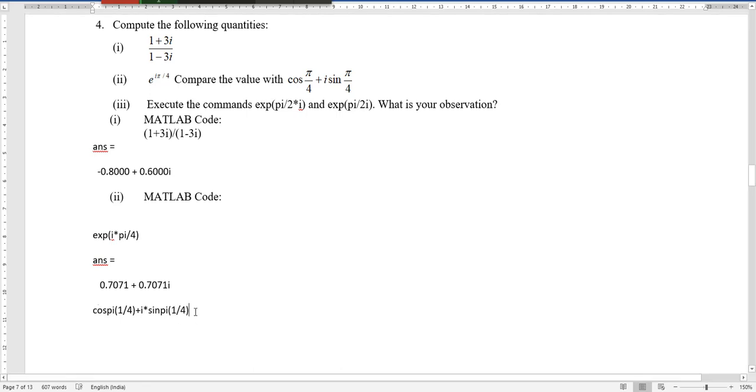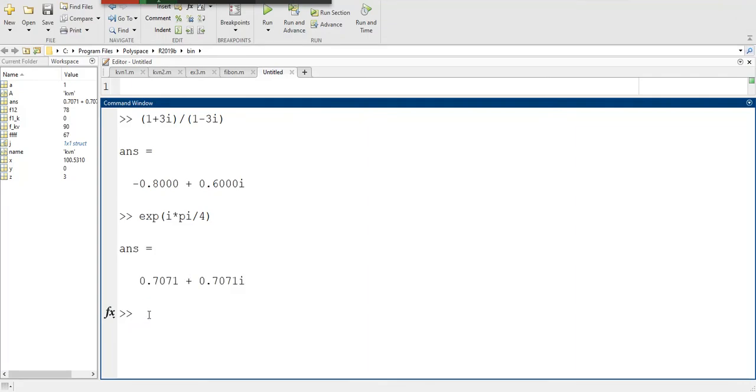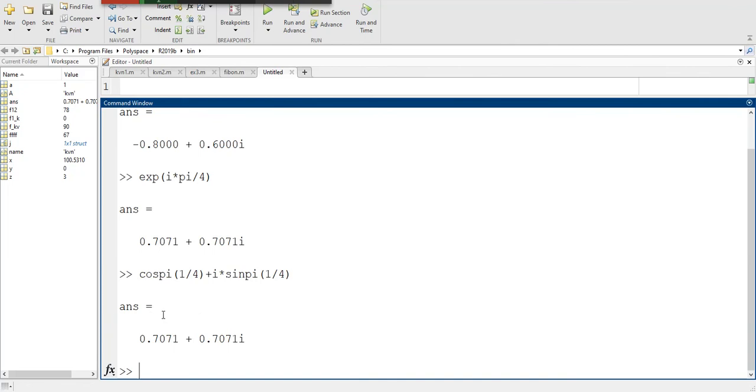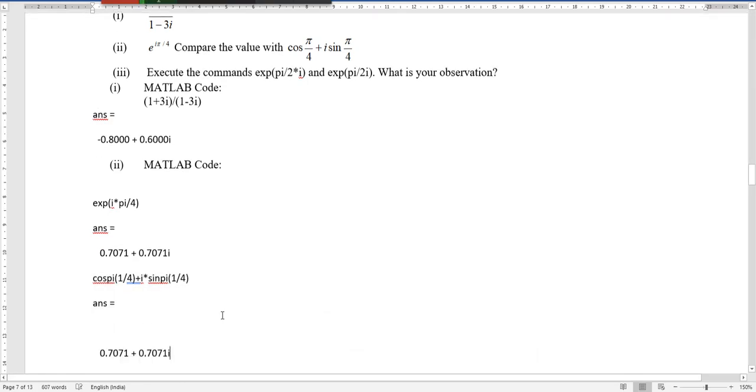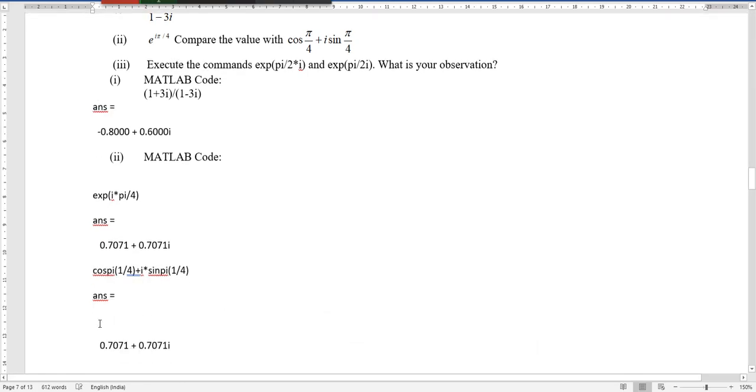I will calculate the value using Matlab software. You will get the same answer. So what is our conclusion here? Both the answers are the same. Conclusion: both values are equal.